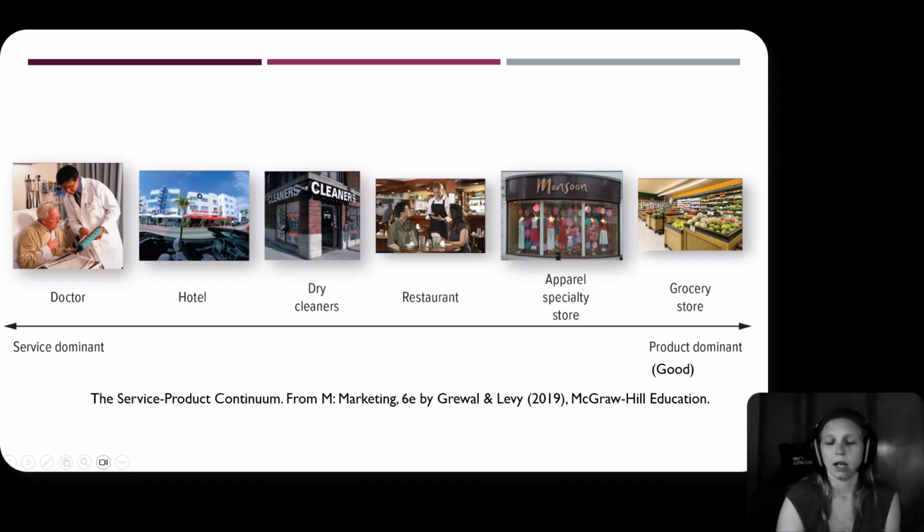Okay. This is just another view of that continuum. It comes from a different textbook. So this time we have services on the other side and goods on the other side.